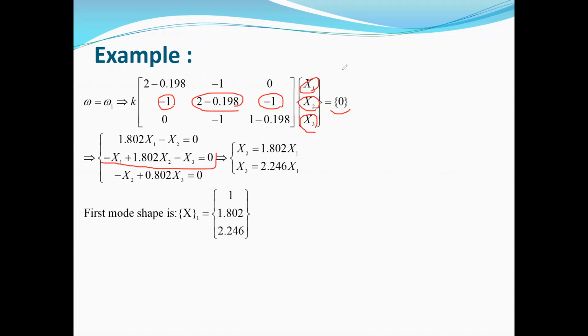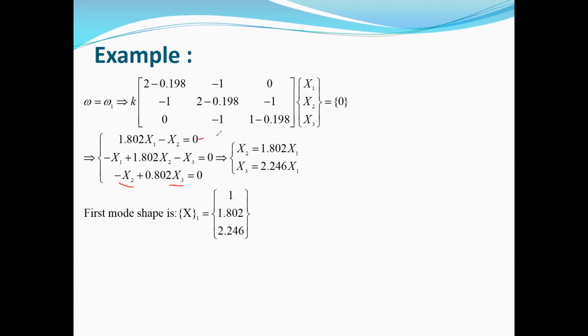And finally, the third equation is this component multiplied by x1, this component multiplied by x2, and this component multiplied by x3, again equal to 0. So we have three equations with three unknowns, x1, x2, and x3. In fact, by solving this system of equations, you can only extract the relation between x1, x2, and x3.